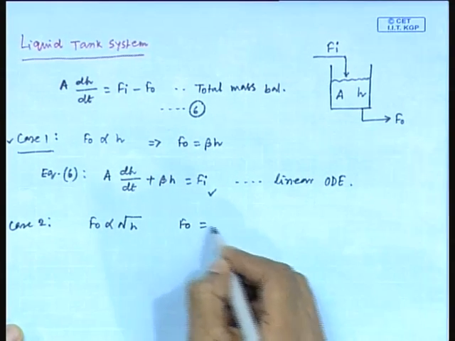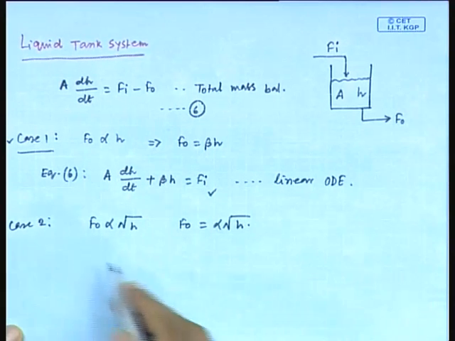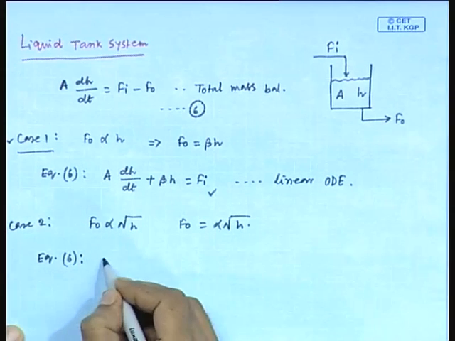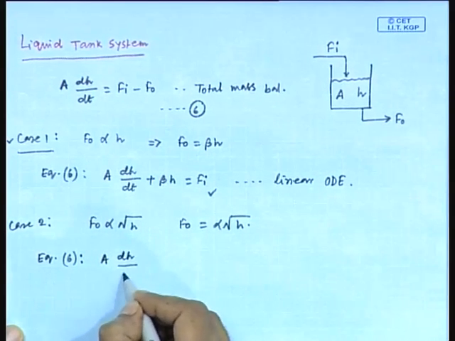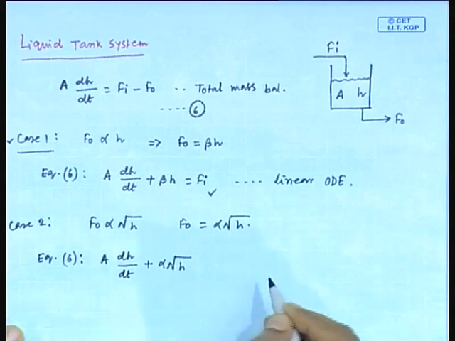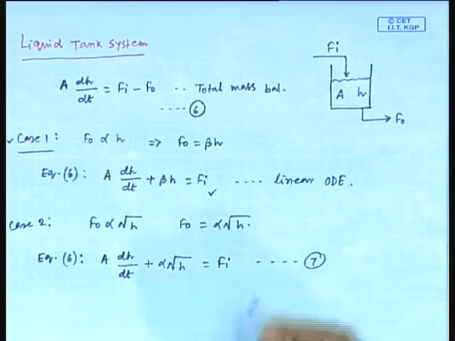That means F0 equals to say alpha root H. Now, if we substitute again F0 equals to alpha root H in equation 6, we have A dH dt plus alpha root H equal to Fi. If we substitute F0 equals to alpha root H in equation 6, we get equation 7.